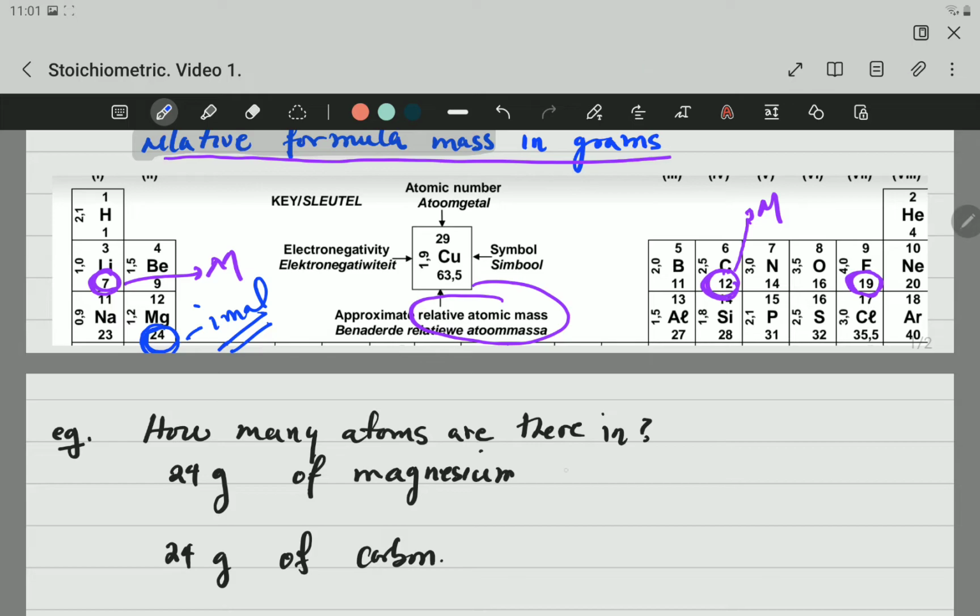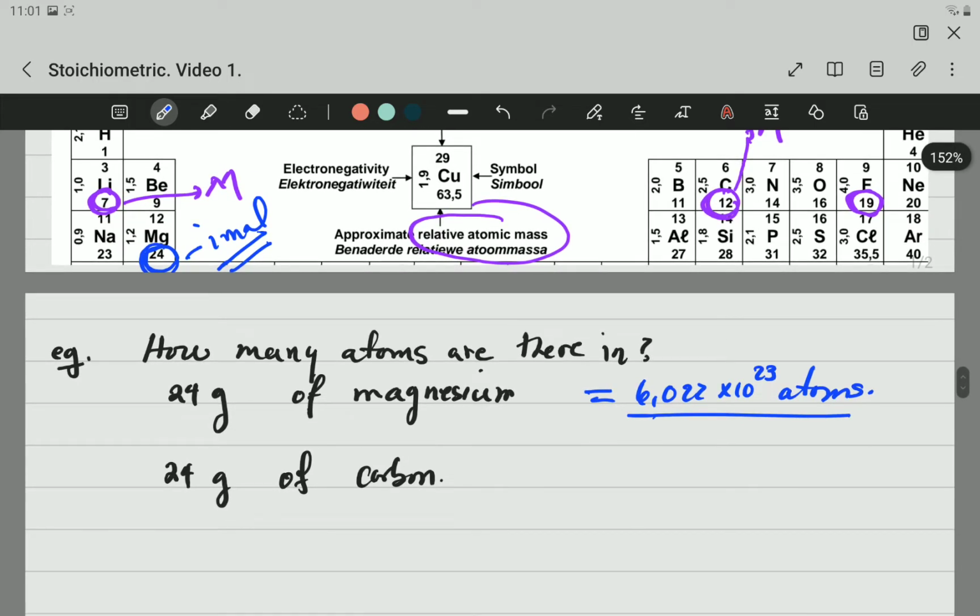And we know that the number of atoms in 1 mole of magnesium is equal to Avogadro's number, which is 6.022 times 10 to the 23 atoms. That will be the number of atoms in 24 grams of magnesium.